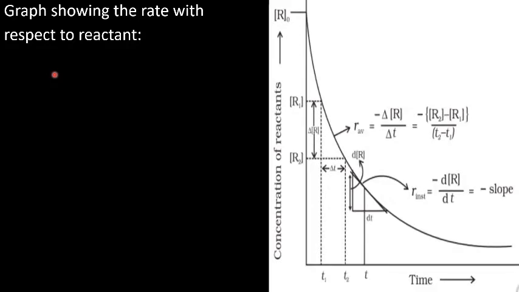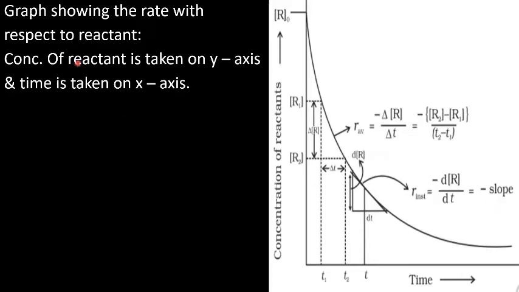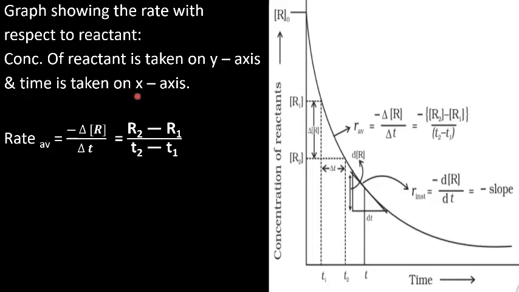Now let us see the graphs showing the rate with respect to reactant. Here initially the concentration of reactant is maximum. As time goes on, the concentration of reactant decreases, and finally it reaches a minimum value. Concentration of reactant is taken on the y-axis and time is taken on the x-axis.